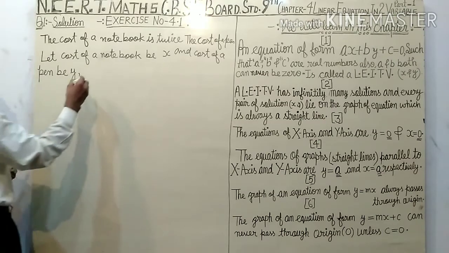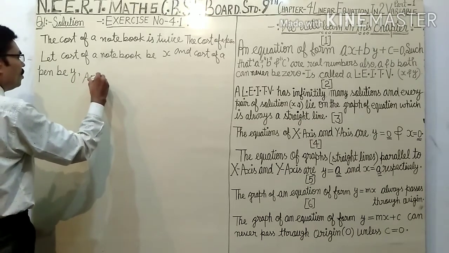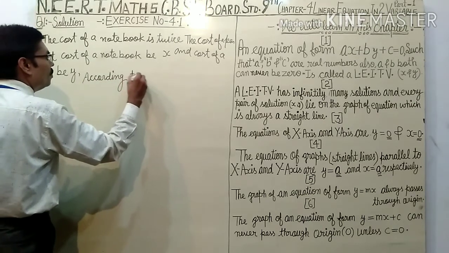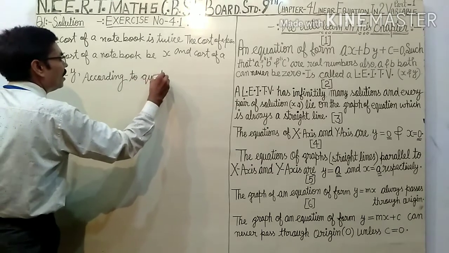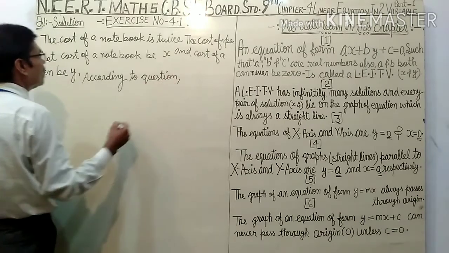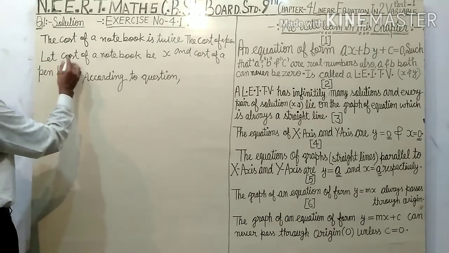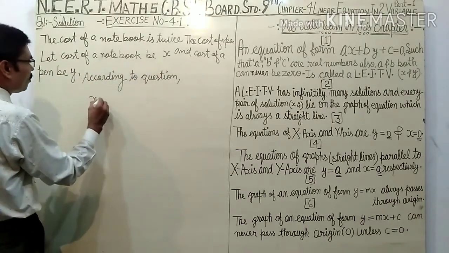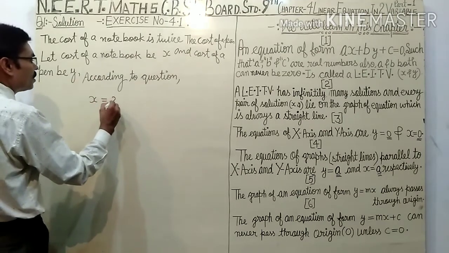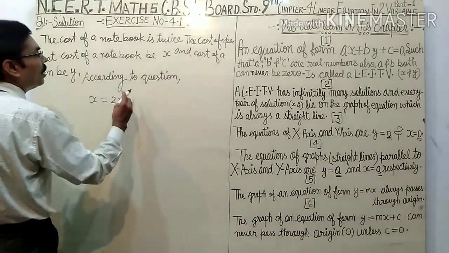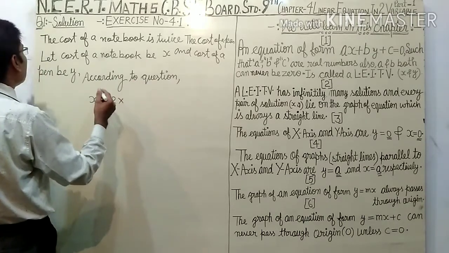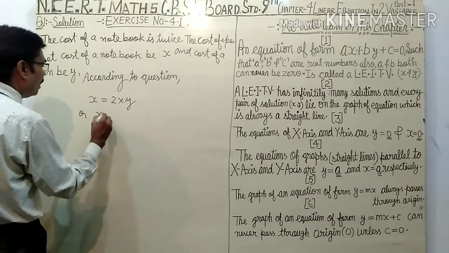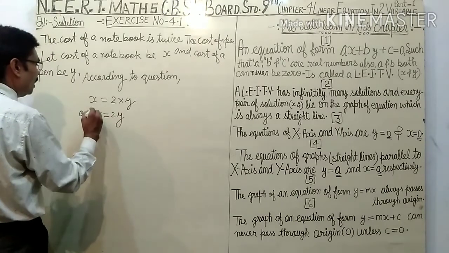Now according to the question, the cost of a notebook, x, is equal to twice, which means 2 times, the cost of a pen, rupees y, or x equal to 2y is the required equation.